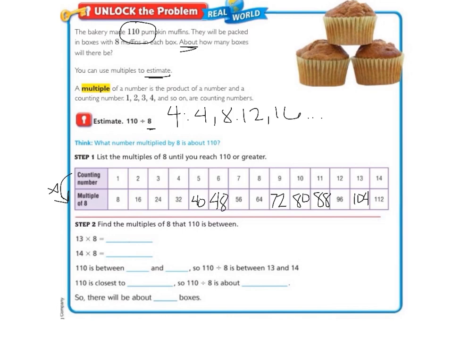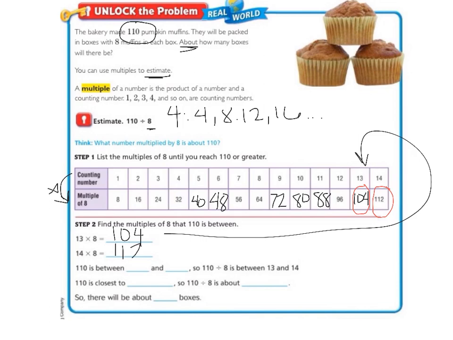Alright, so now that we know all of our multiples, we wanted to know how close we could get 8 to 110. So 104 is pretty close, and 112 is pretty close. Down below it says 13 times 8 is 104, and we know that because we looked on this chart. And then 14 times 8 is 112.